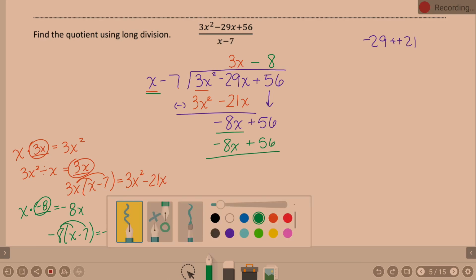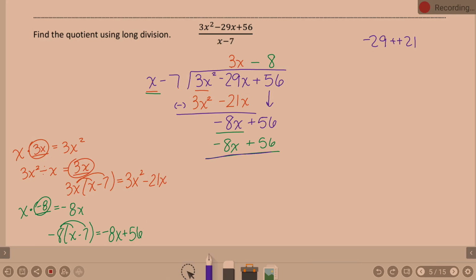With that in mind, we are subtracting. That's negative 8x minus negative 8x. Cancels. 56 minus 56. Cancels. What just happened? Yeah. We officially have a remainder of 0 and a quotient of 3x minus 8.